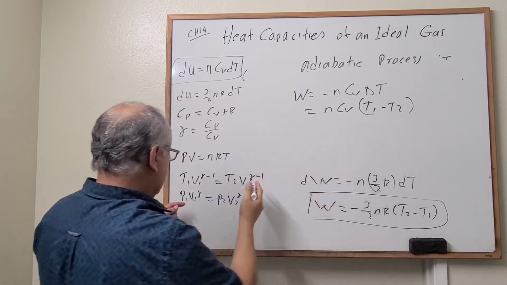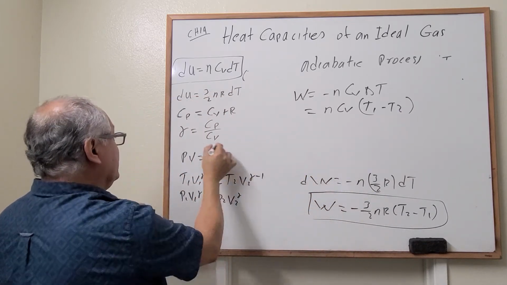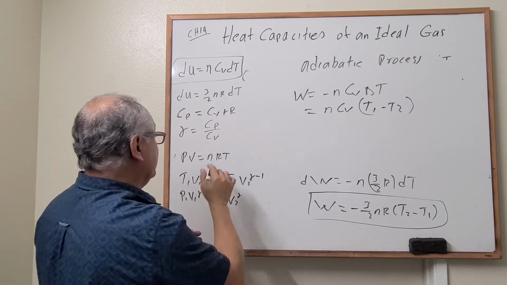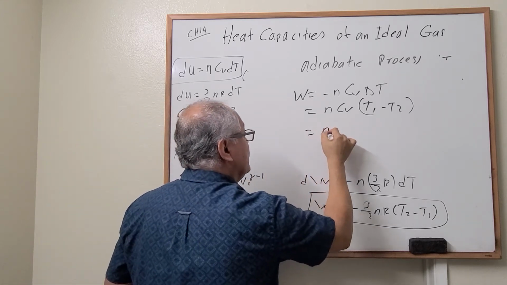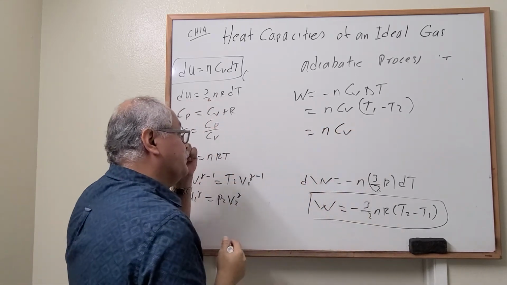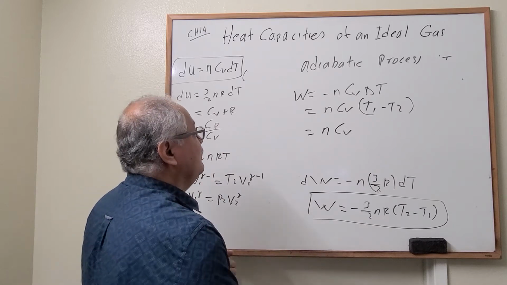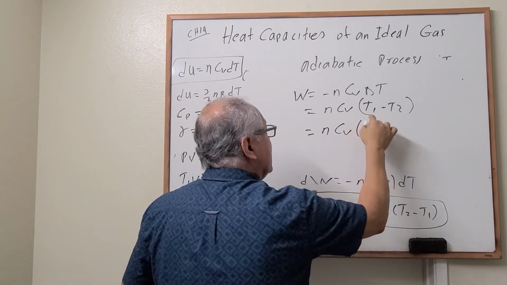So what do we have then? Remember from the ideal gas law, which is this one. Let's solve for temperature. So what do we have? It's equal to n times the molar heat capacity at constant volume times T1.